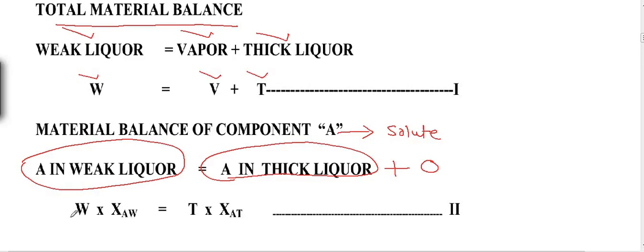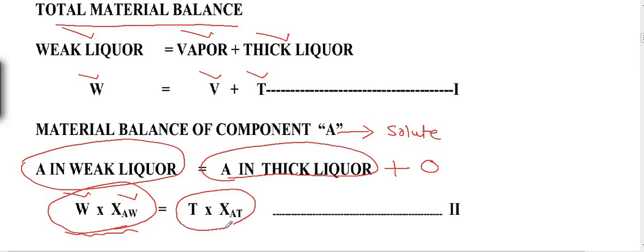In symbols, W is the amount of weak liquor and xAW is the fraction of solute in weak liquor, so W times xAW gives the amount of solute in weak liquor, which equals the amount of solute in thick liquor, given by T times xAT, where T is the total amount of thick liquor and xAT is the fraction of solute in thick liquor.